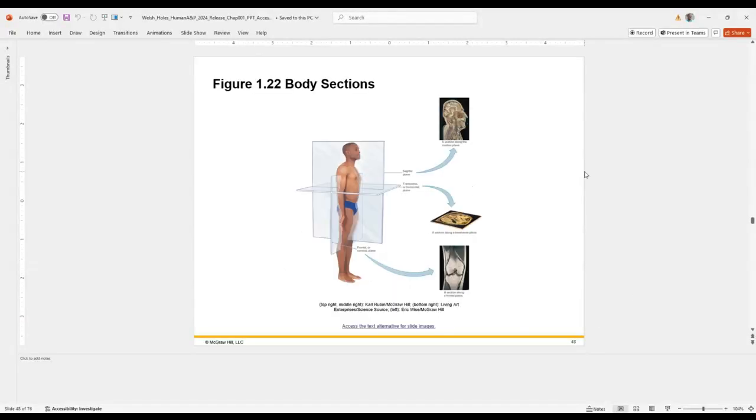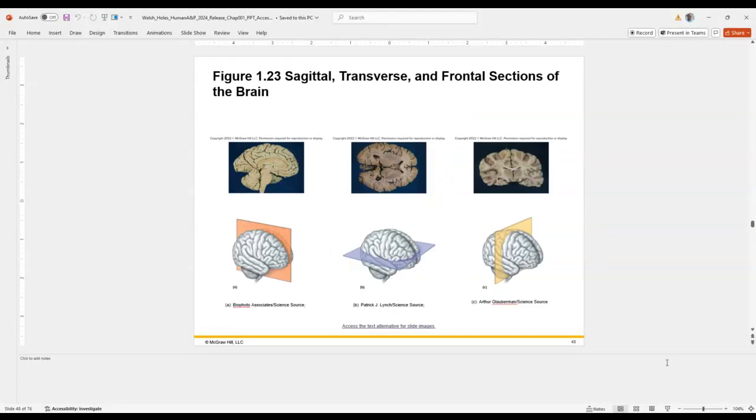And this is a good diagram to get to know, to understand the body sections. And this also shows you the difference when we look at a particular organ and its section, like a brain.